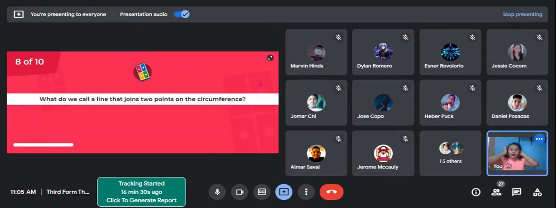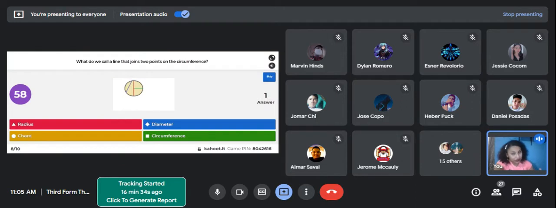Number 8, what do we call a line that joins 2 points in a circumference? Now, this is one that's tricky. I'll give you a hint, it is not the diameter. So it has to be a line that goes from circumference to circumference, but it's not the diameter.